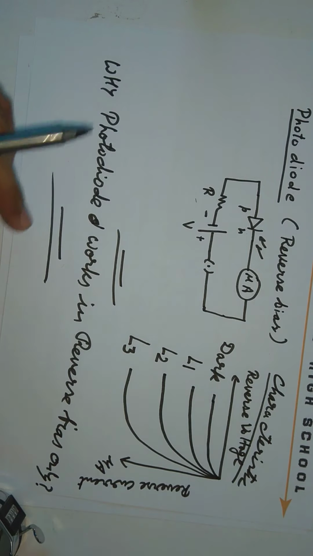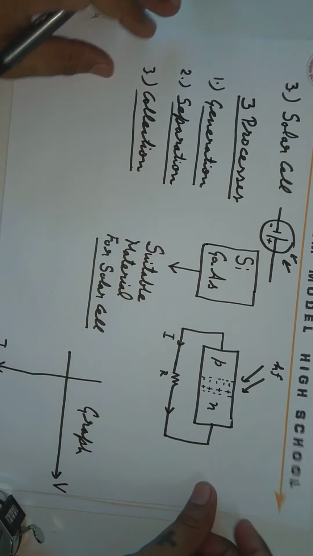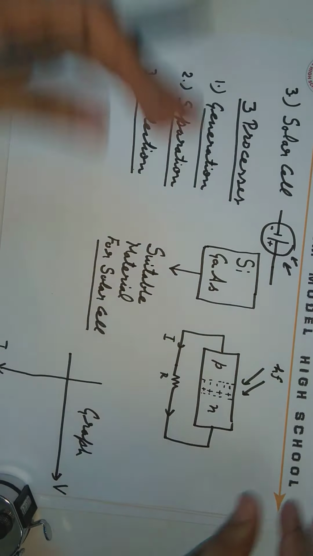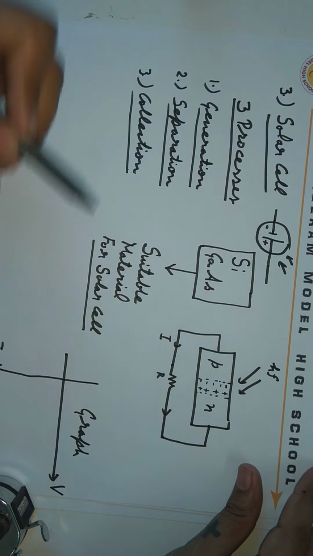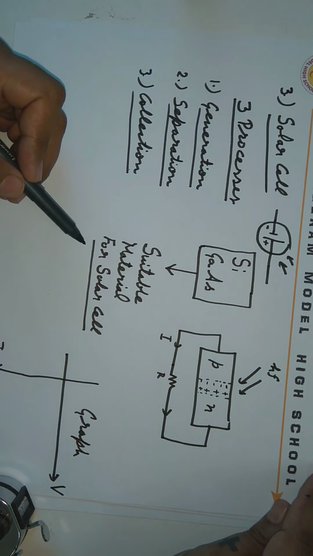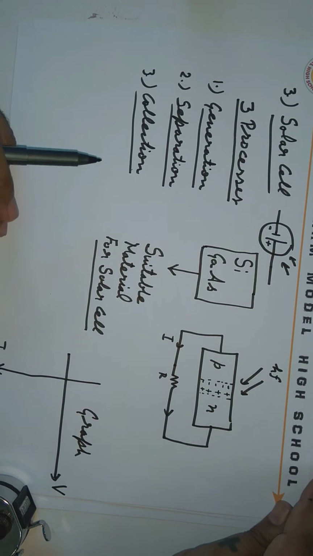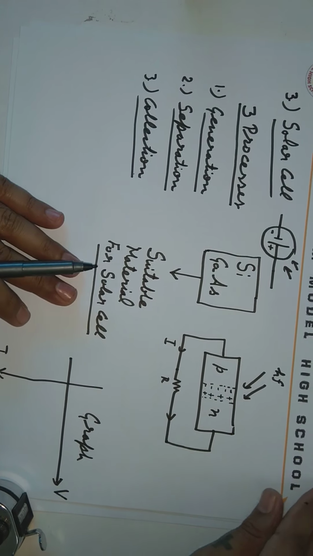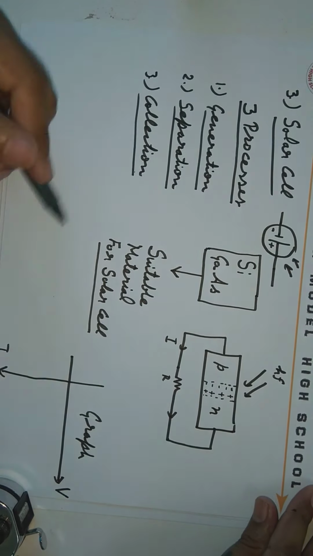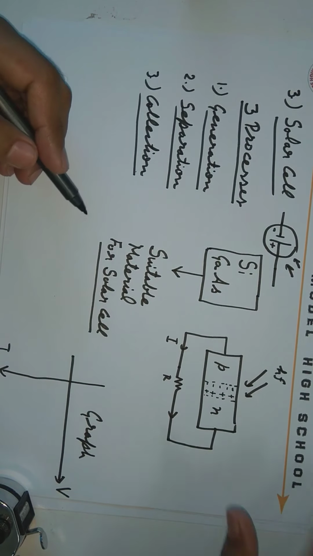Okay, so now we move further to our third and final topic, that is the solar cell. As I already told you, it's the future of electricity. India has ample sunlight, so we are blessed that we can harness this energy very effectively.